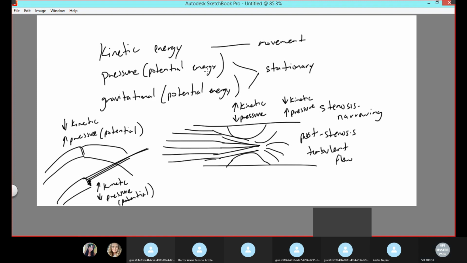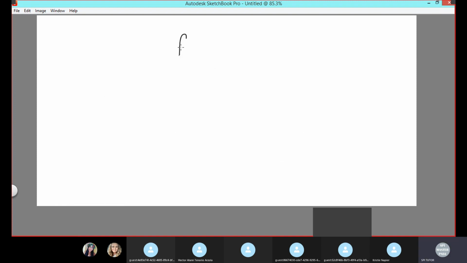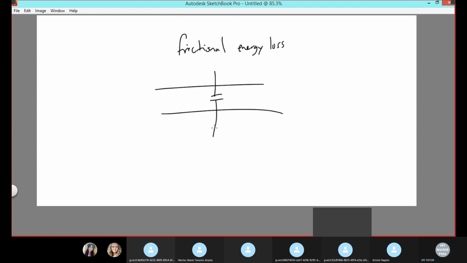Frictional. Now, frictional, I will discuss, because this is what happens to your sample gate. Frictional energy loss is the reason why we put our sample gates in the center of the vessel. Okay, so remember your spectral window, you have something called spectral broadening.